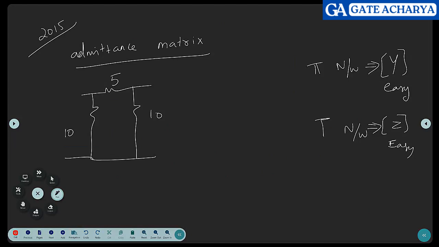Find Z and then invert. Go on, find the Y matrix for this, and we'll stop. For the Y matrix, what is the input? The source is a voltage source, and what needs to be measured is current.